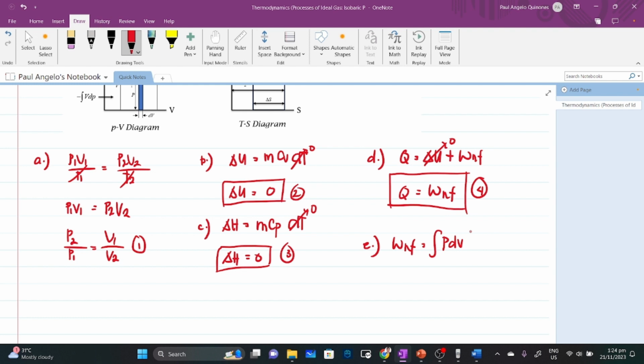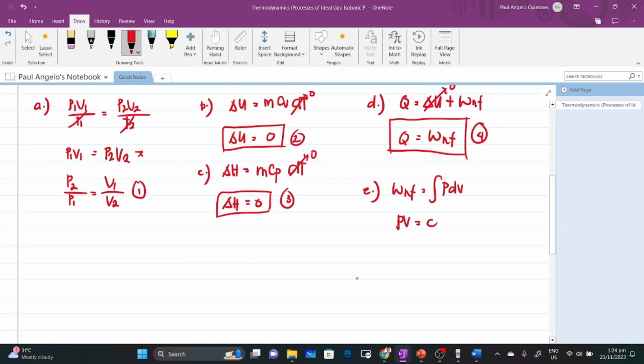As you can see from bullet A, we can rewrite that as PV is equal to C. By solving for P in this equation, we divide both sides by V, so we eliminate V on the left side. We will have P is equal to C over V. So let's substitute this into that equation.